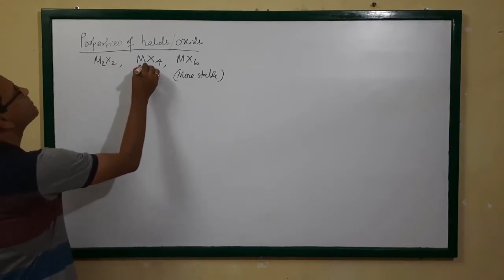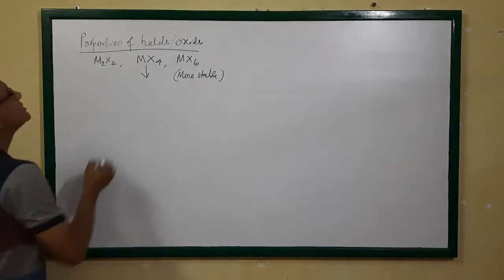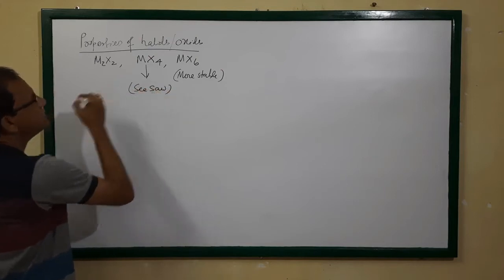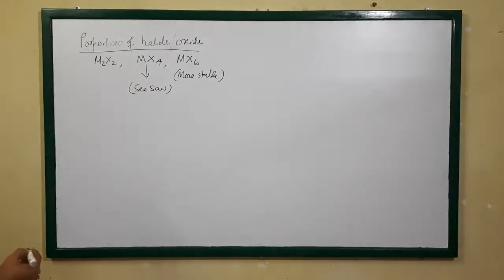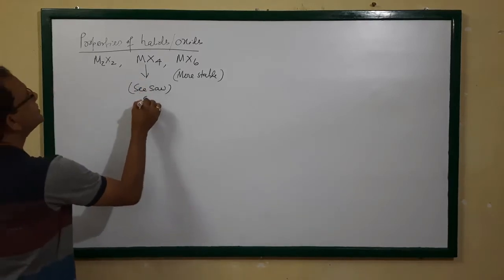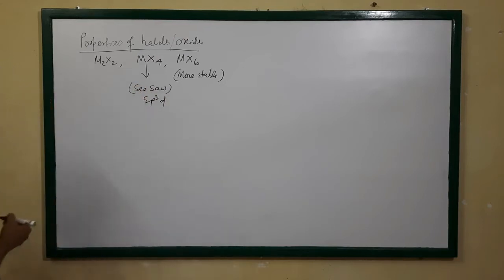This type of halide, MX4, has a seesaw structure, and that is sp3d hybridization.